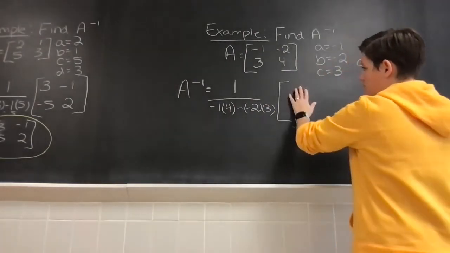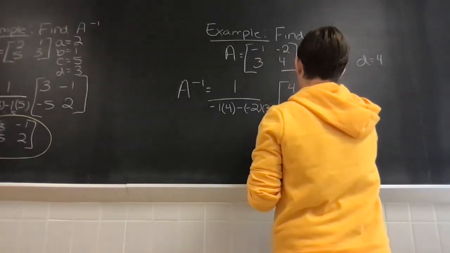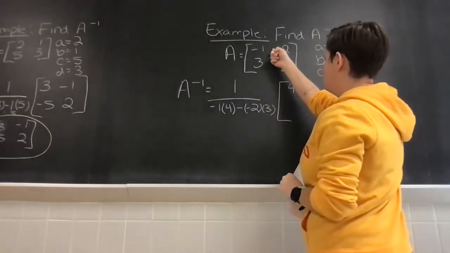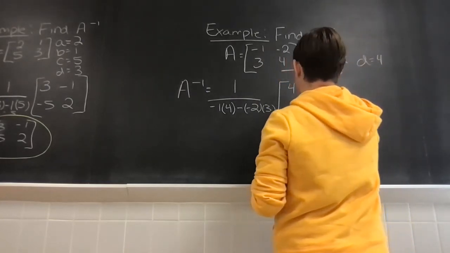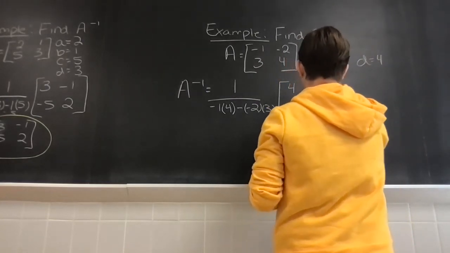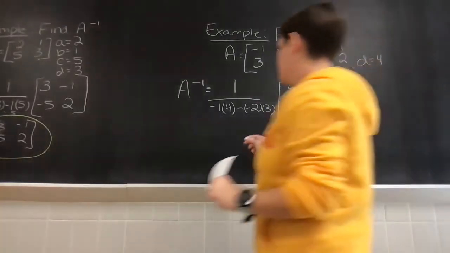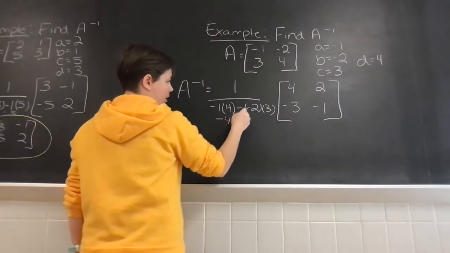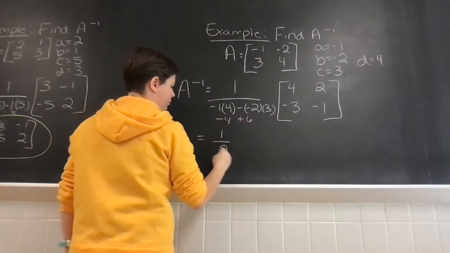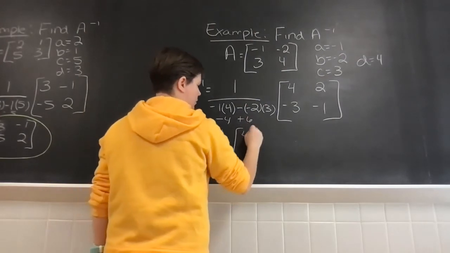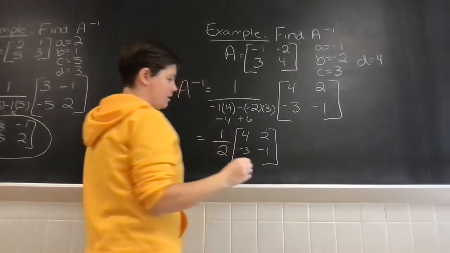So when I write my matrix here, I'm flip-flopping my A and my D. So that's 4, -1, and then I'm changing the signs on my B and my C. So it becomes a +2 and a -3. Here, this will be -4, and that's +6. So I get 1/2 times this 4, 2, -3, -1 matrix.